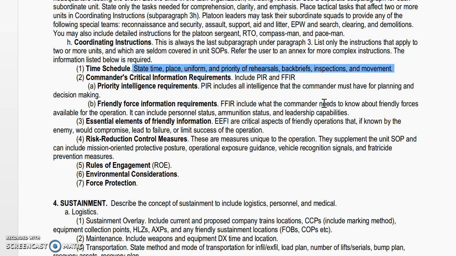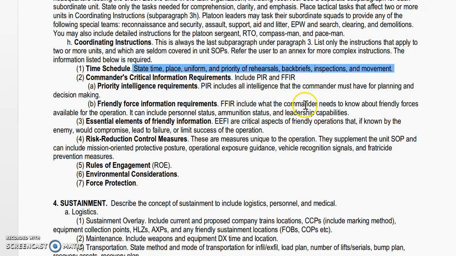You could do a back brief. This is different from a confirmation brief that you ask at the end of your operations order. Here, you're just giving your subordinate leaders some time to plan that 1/3, 2/3, and then you're calling them back and you're telling them, hey, tell me what this operation is and show me that you understand it.